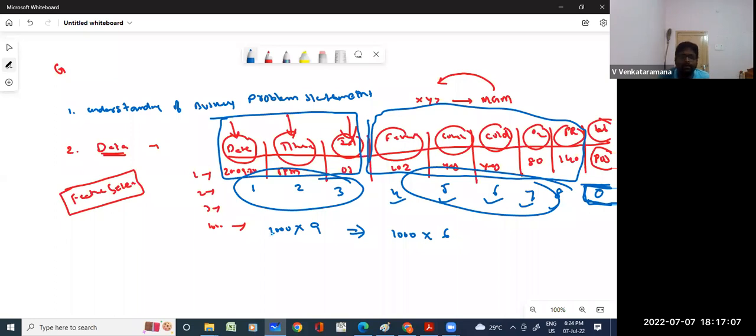So after feature selection and some feature engineering, finally we have 1000 rows, 1000 samples of data with 6 columns. Out of 6 columns, 5 are input features and 1 is the label column. Hope you understand up to now. Now data is ready up to some level.